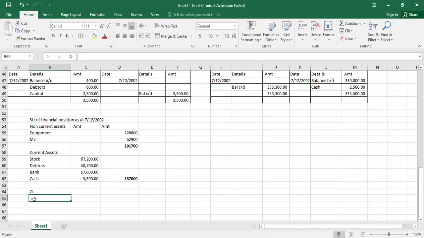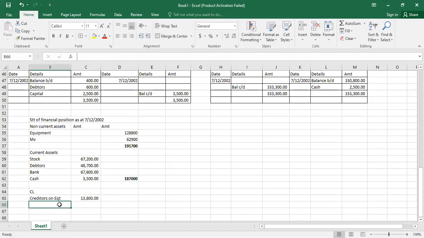What do we have in the current liabilities? Can you say creditors on equipment? Wonderful. We have creditors on equipment. What's the value? 13,800.